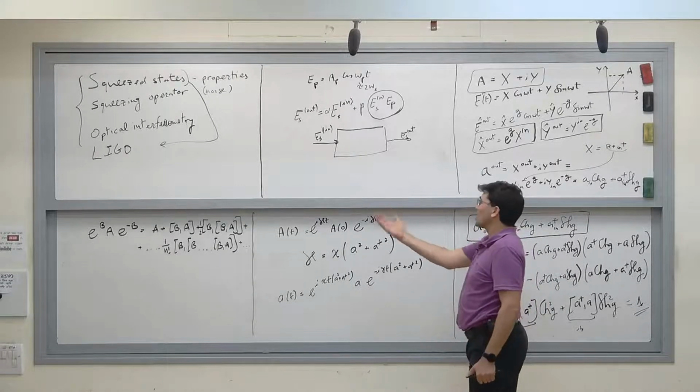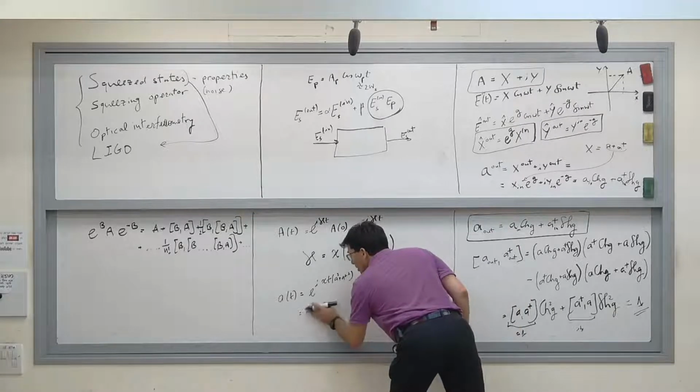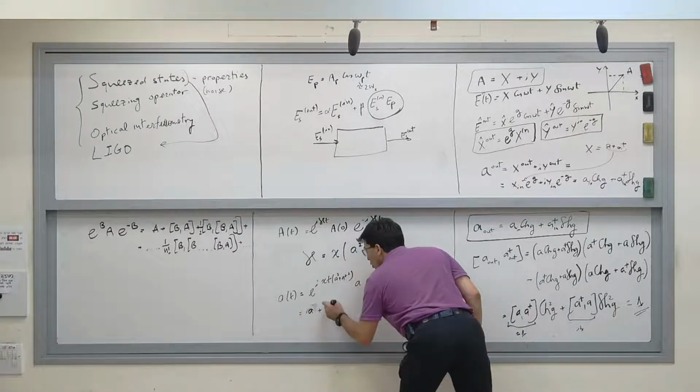No, and then, so where are we? So now let's calculate this commutator. So this is going to be A plus the commutator.